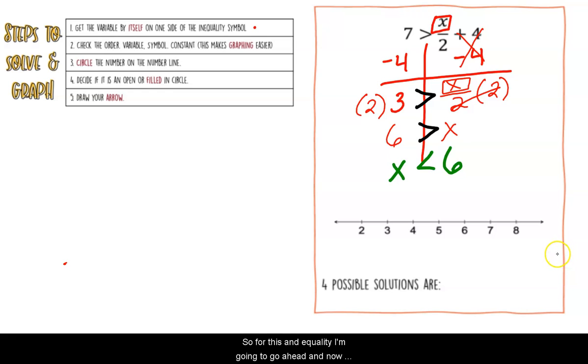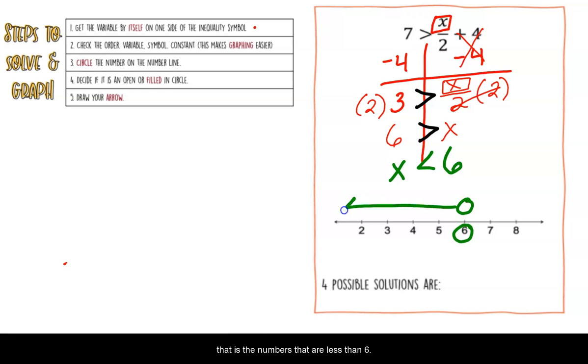So for this inequality, I'm going to circle my number on the number line, the 6, and I'm going to determine whether this is an open or a filled in circle. Because it says x must be less than 6, this is going to be an open circle. And I'm going to draw my arrow to the left, indicating that it's the numbers that are less than 6.